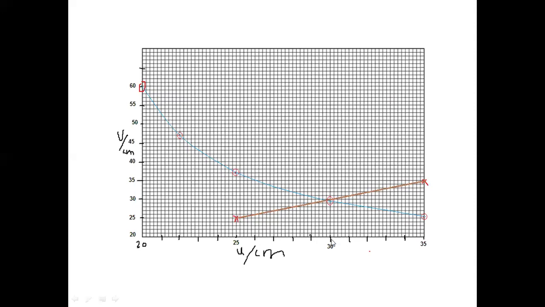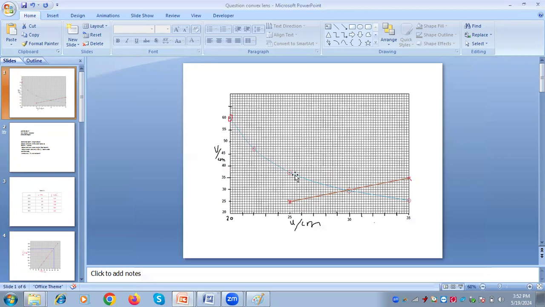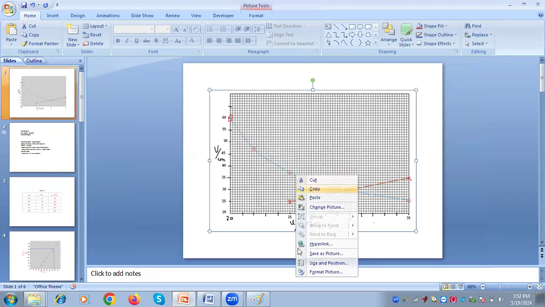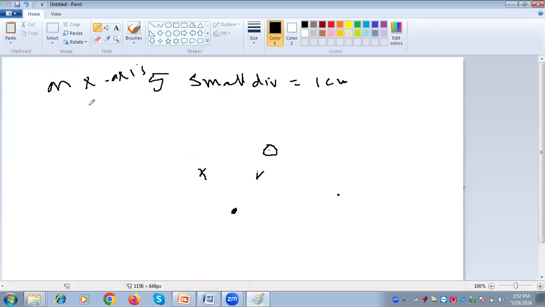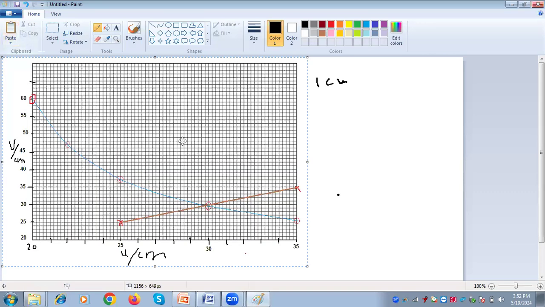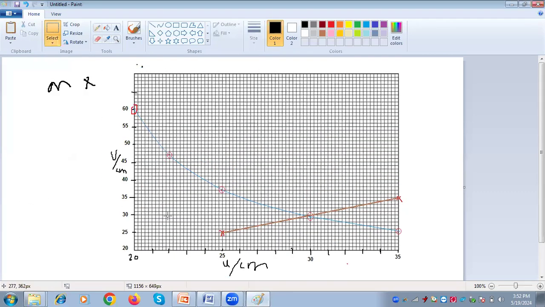So this is, let me copy it and put it on paint. Let's see. So this is the point where this line is cutting our graph sheet.